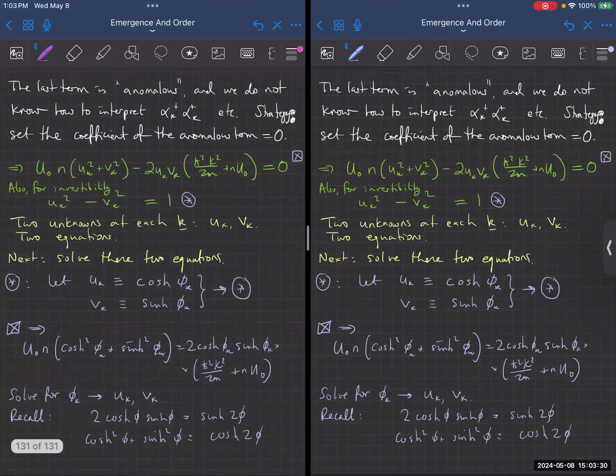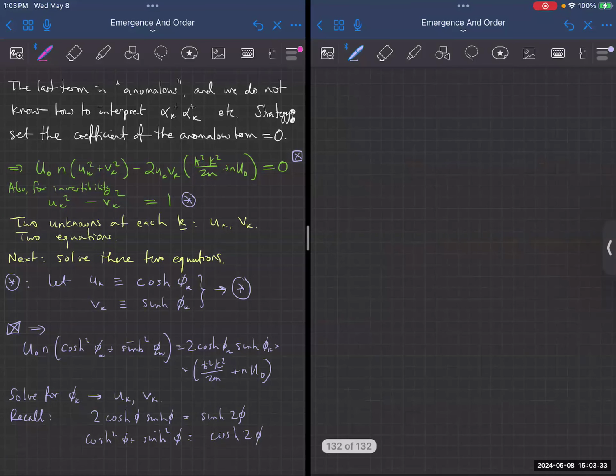We can use those facts to simplify this equation. What that tells you is that u naught n over u naught n plus h bar squared k squared over 2m is just equal to the hyperbolic tangent of 2 phi_k.